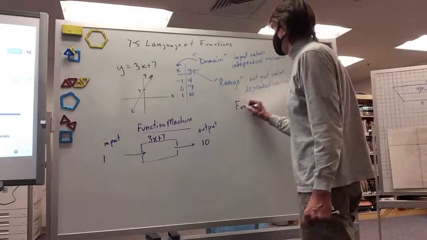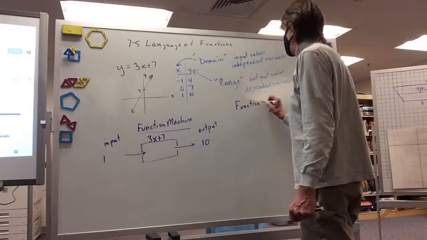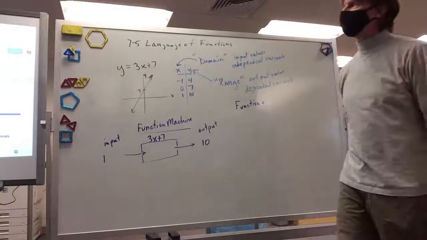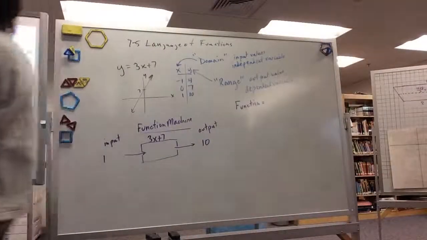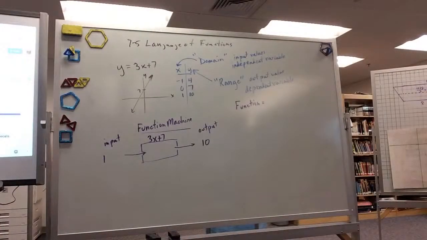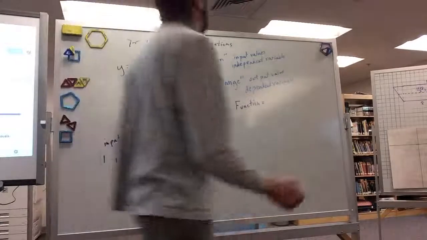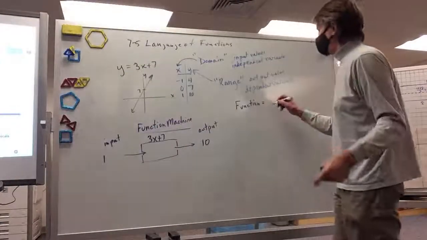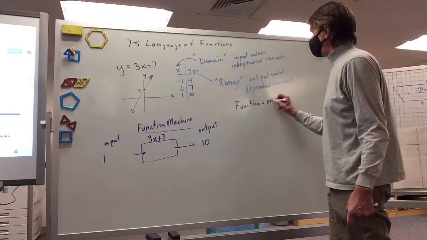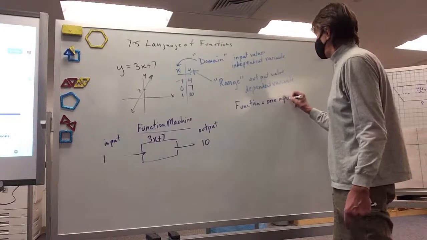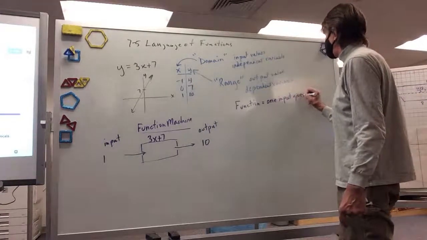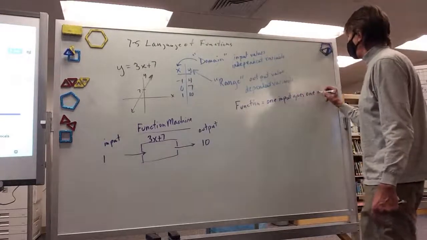So a function, I mean, there's lots of ways of just, here, it's real formal. A direct correspondence where one input value has exactly one output value. So you could think of this as a rule where you have one input gives one output.